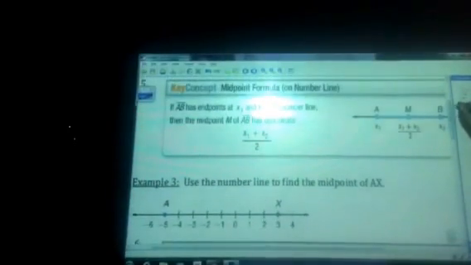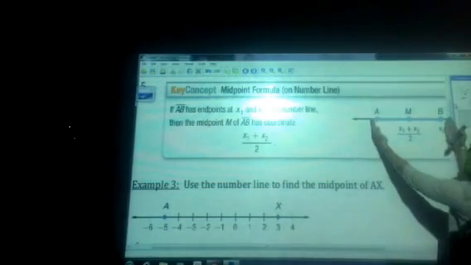All right, moving on. Now we're going to talk about the midpoint formula, okay? Midpoint on a segment on a number line would be the addition of these two divided by 2.